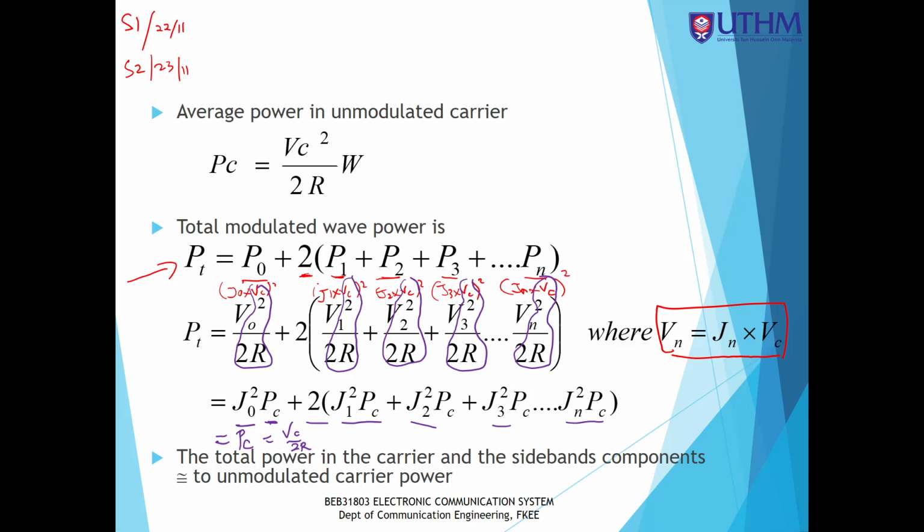If you want to ask me in the exam, which one should I use? Should I use the long equation, or should I just write equal to Pc? The answer is, you can use either of it. Either you use the long equation, or you write total power equal to Pc.